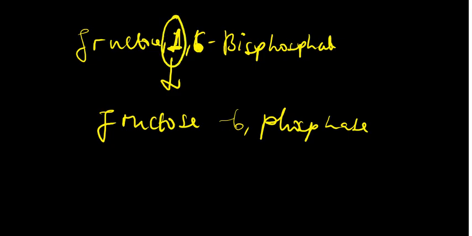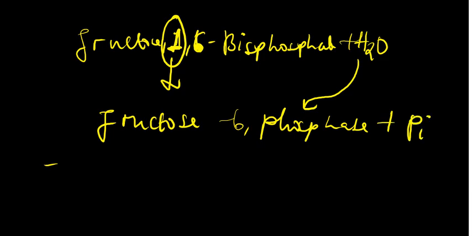That's why it's called dephosphorylation. So fructose 1,6 bisphosphate is hydrolyzed. Water is added to it to break that bond, in order to give us fructose 6-phosphate plus that phosphate that was on carbon number 1.